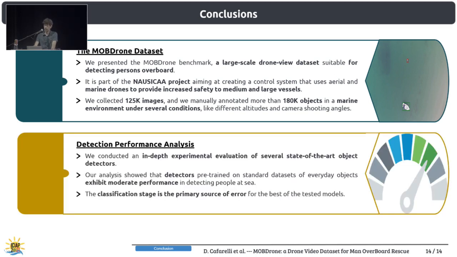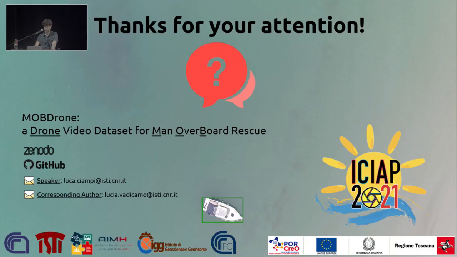Then we conducted an in-depth experimental evaluation of several state-of-the-art object detectors, and our analysis showed that detectors pre-trained on the standard dataset of everyday objects like COCO exhibit moderate performance in detecting people at sea. And it seems that the classification stage is the primary source of error for the best of the tested models, that is Varifocal network.